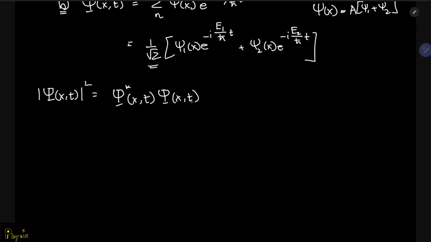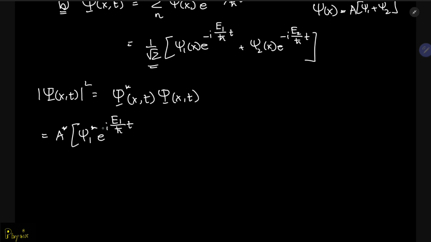All right. And this is basically some tedious algebra, which I'm going to go through with you because quantum mechanics is a lot of tedious algebra. So we plug this in and we get A star [psi 1 star e^(i E1 t/ħ) plus psi 2 star e^(i E2 t/ħ)] times A [psi 1 e^(-i E1 t/ħ) plus psi 2 e^(-i E2 t/ħ)].